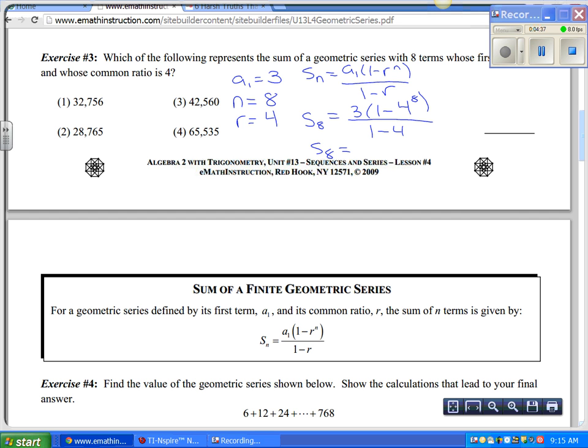As long as you can determine what those variables are, it's pretty simple. So you have to be able to read and read well. What'd you get? Yeah, 65,535. Are we okay with that? It's not so bad, right? Okay.